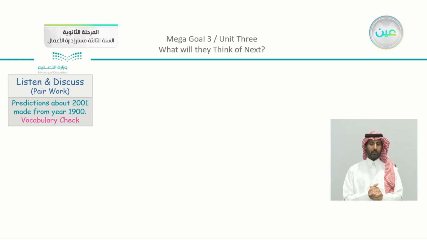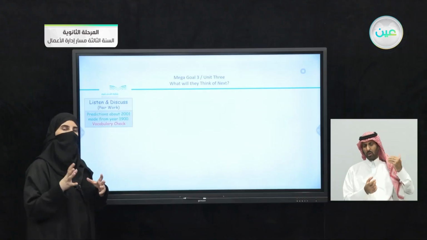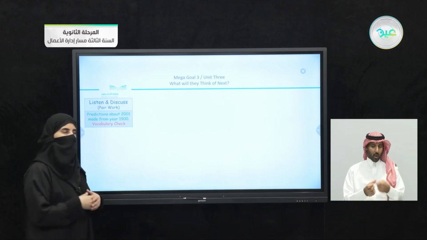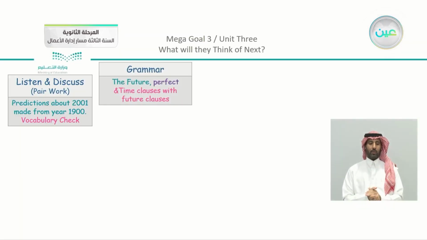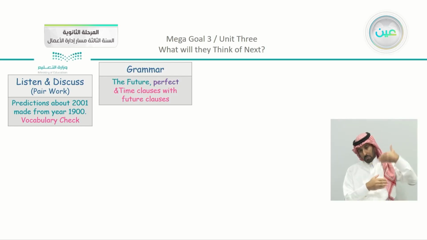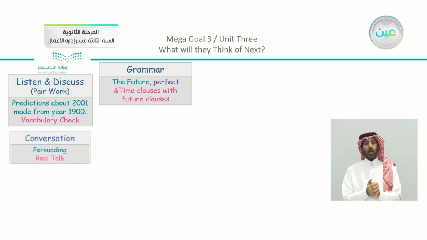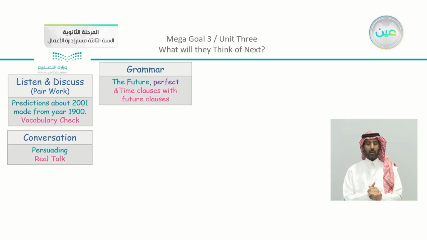It was also the time that we discussed the new vocabulary or the vocabulary check, which was in the first lesson. After that, we took the grammar. We studied the future perfect, and also we studied time clauses with the future. We had our conversation.